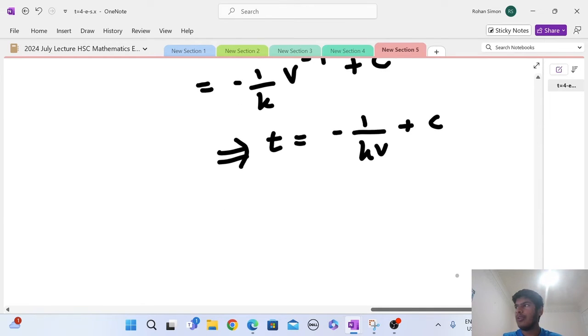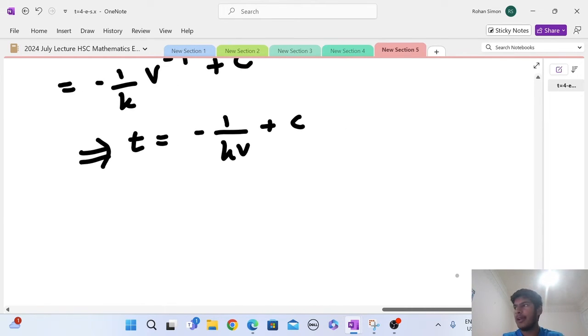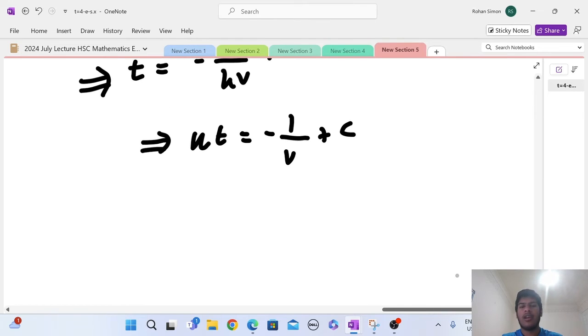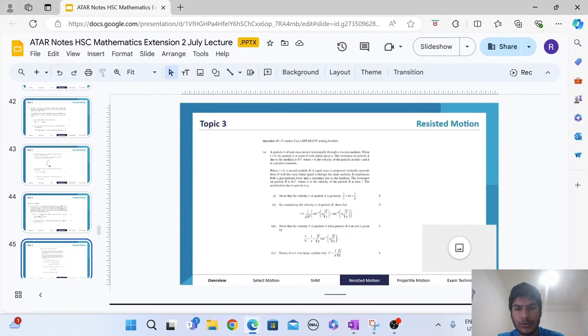Now, let's go ahead and multiply through by k. And it doesn't really matter what we do with the constant because it's still, again, a constant. So we get kt equals minus 1 on v plus c. And in order to evaluate what c is, we need some sort of initial condition, right?